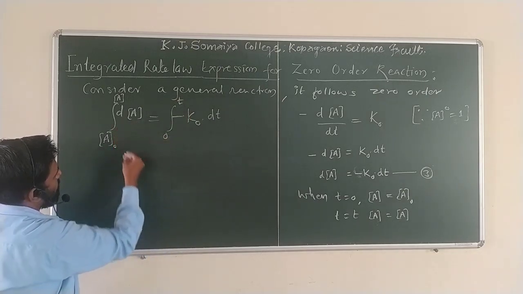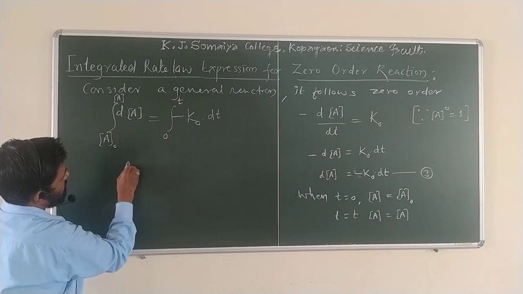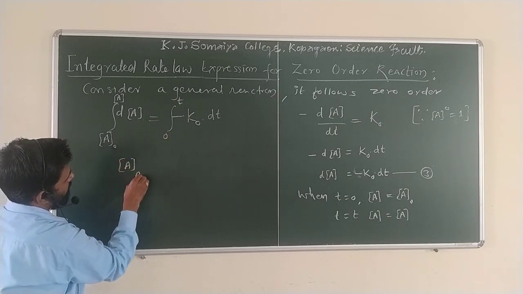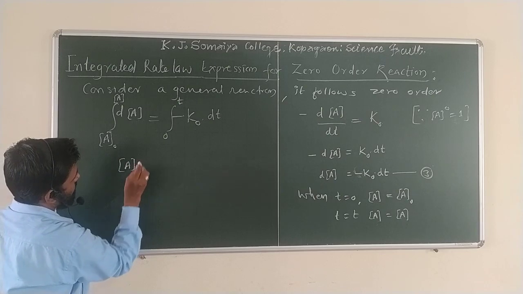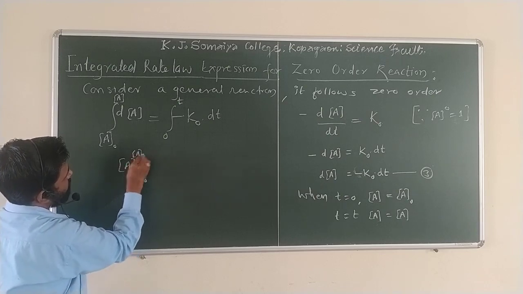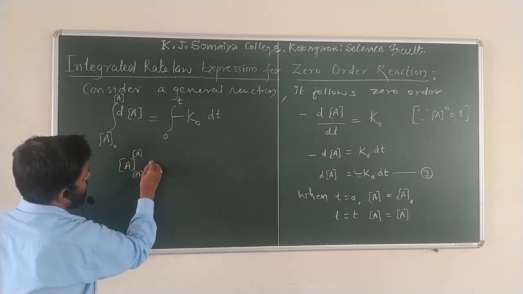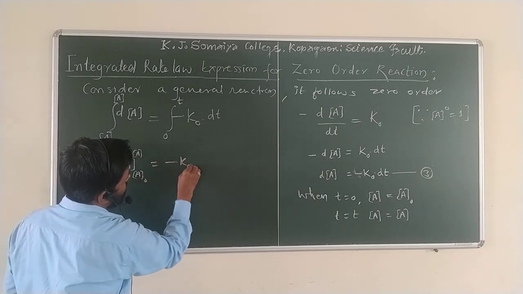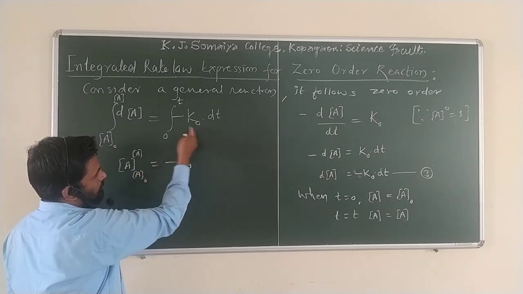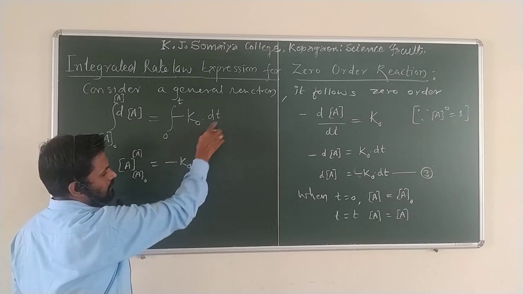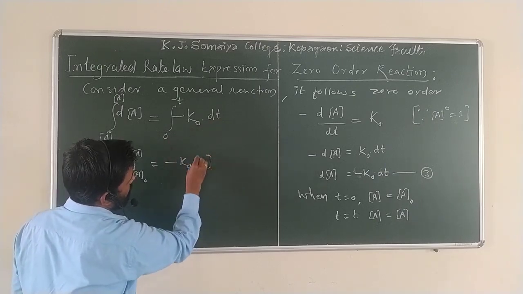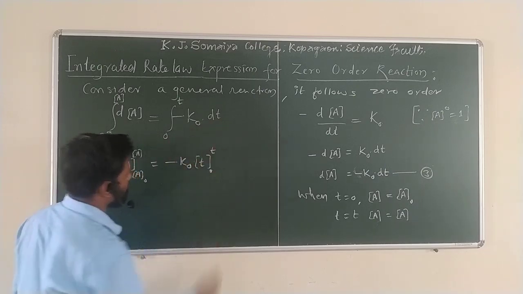This is the mathematical integration you will get. Then you only have to integrate the dt, so you will get the t value with respect to 0 to t.